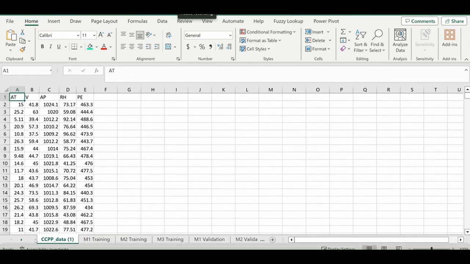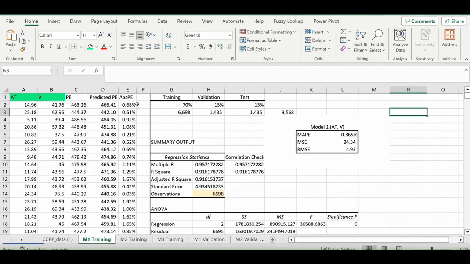So we start with our data set provided. We divide the data into subsets, as mentioned, around 70, 15, 15. It comes out to 6,698 observations for our training data. I just started at the top and took the first 6,700.